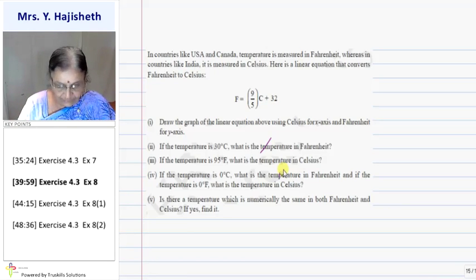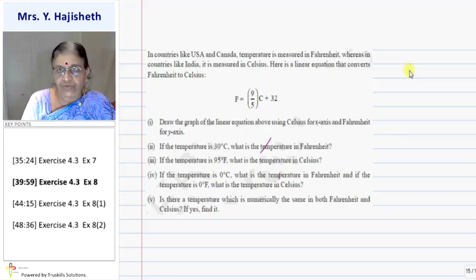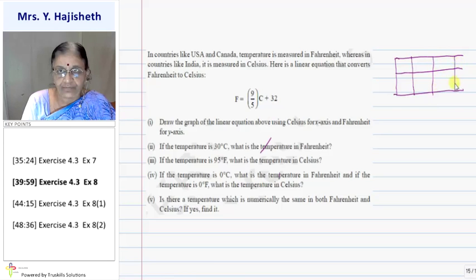ओके, सो पहले तो इधर हम जगह है तो टेबल बना देते हैं. ओके, to draw the graph we require minimum 2 solutions. So for that we have to draw the table. This is my centigrade. Centigrade is X and Fahrenheit is Y. Clear?